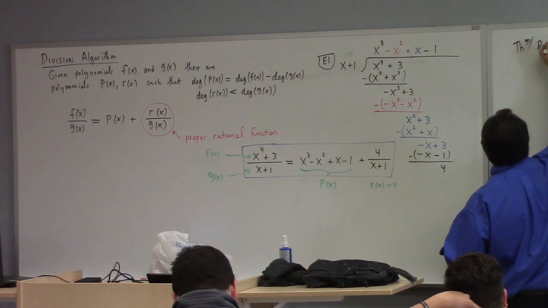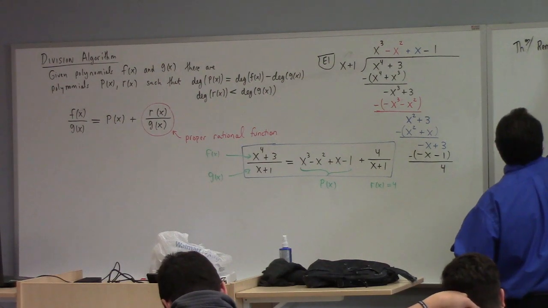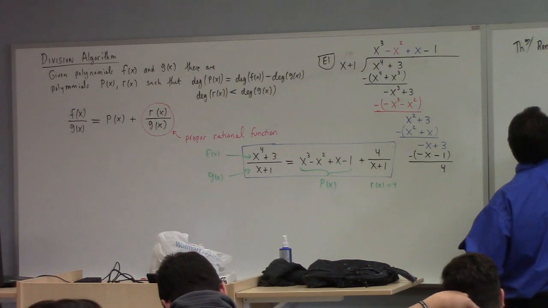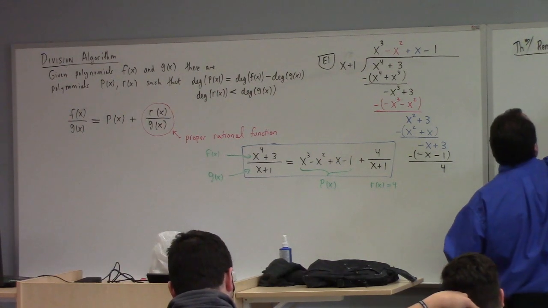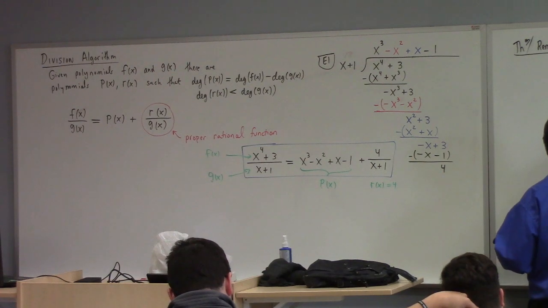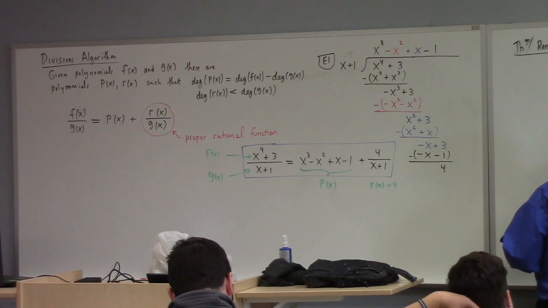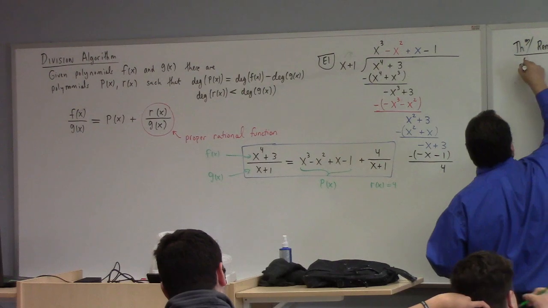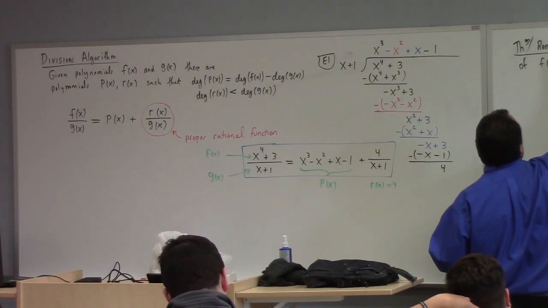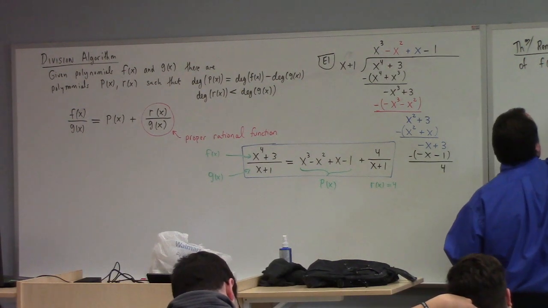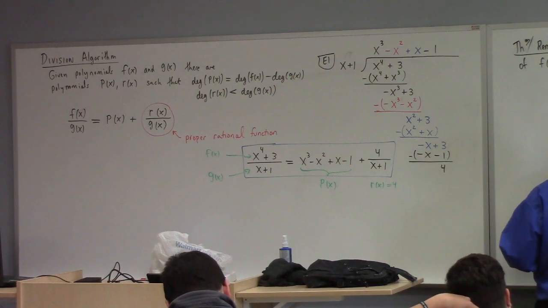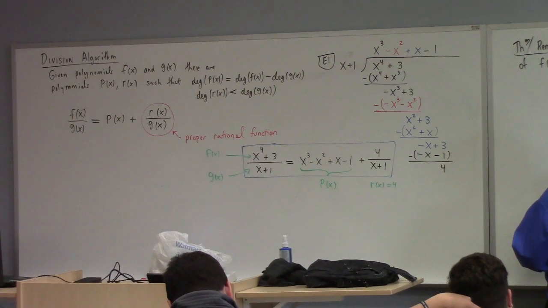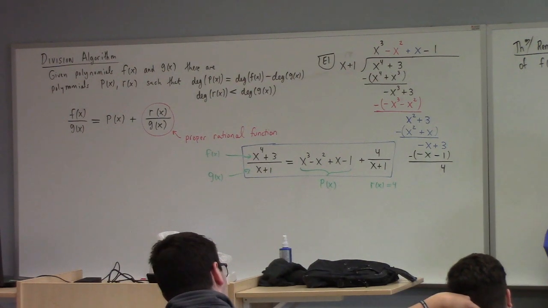The remainder theorem says this: the remainder of f of x divided by x minus c is equal to f of c.